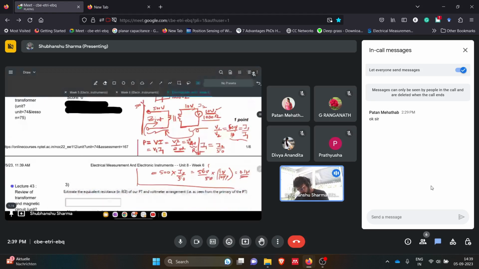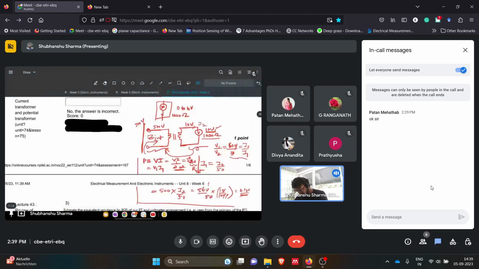This is the power which this potential transformer will be consuming. And since I talked about Z internal, Z internal will be R internal. This will be simply 1000 by 50, and I think the ratio is A square, so 1000 by 50 square, something you can calculate.